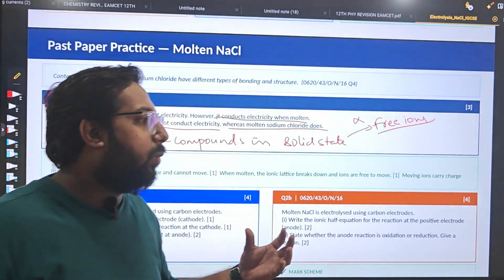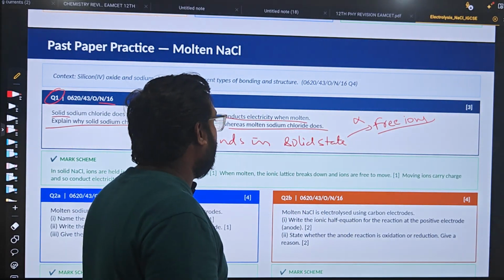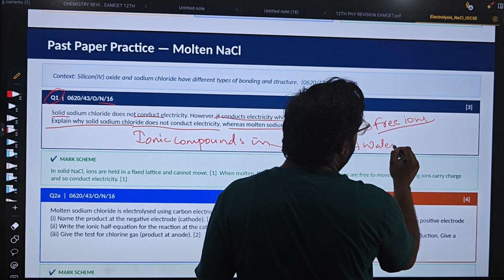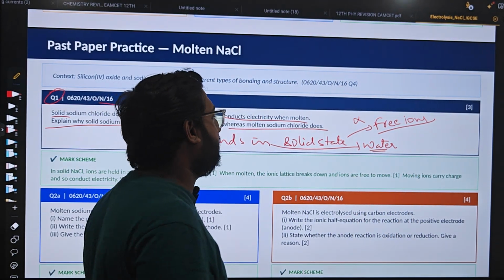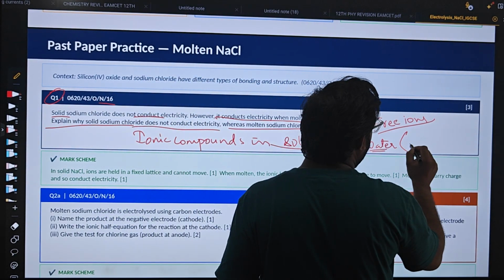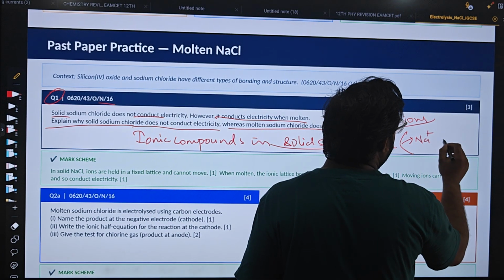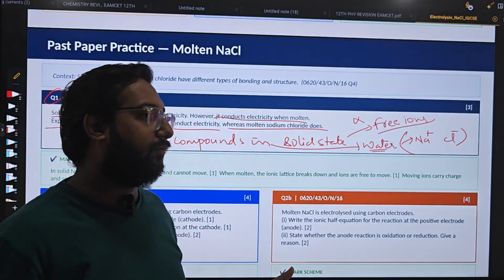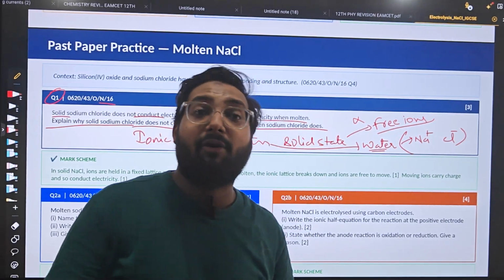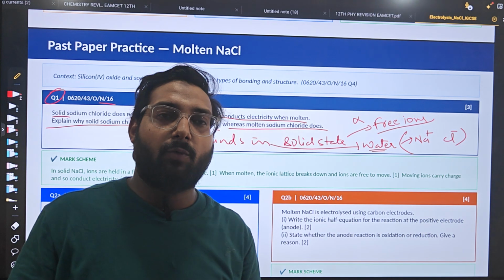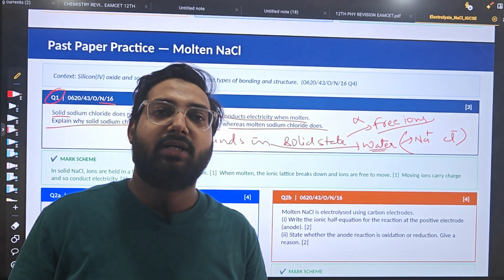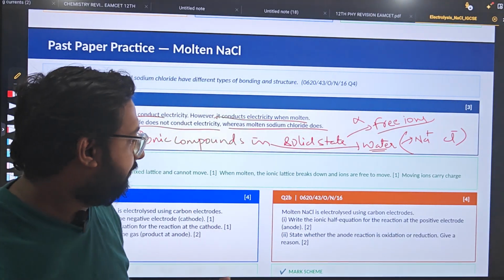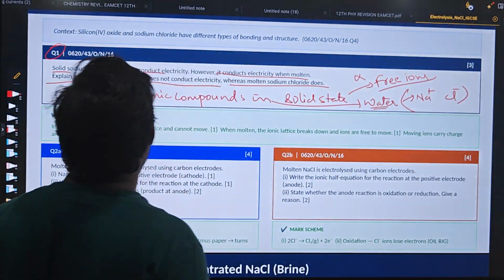Now, when an ionic compound is added to water, when you make an aqueous solution, NaCl splits into Na+ and Cl-. So here you have free ions, mobile ions, which move from one point to another. They are mobile charges, so they carry charge from one point to another. I hope this is clear.